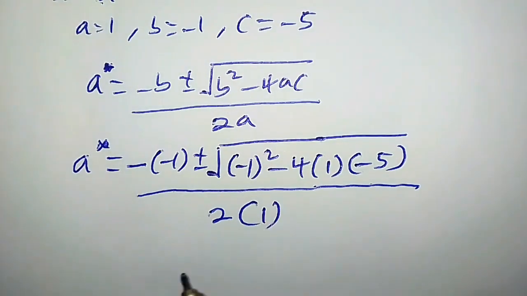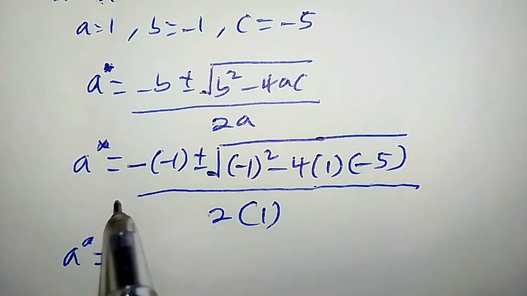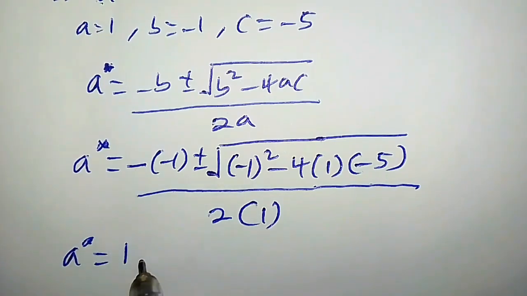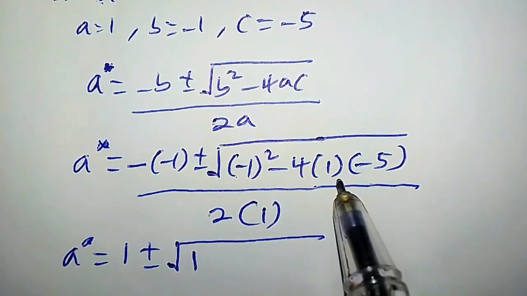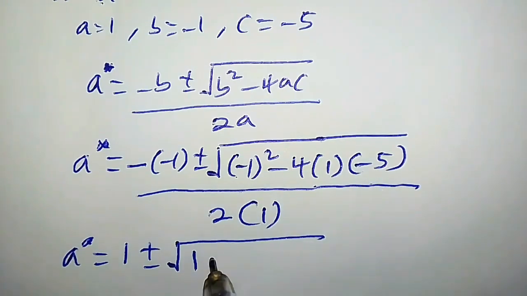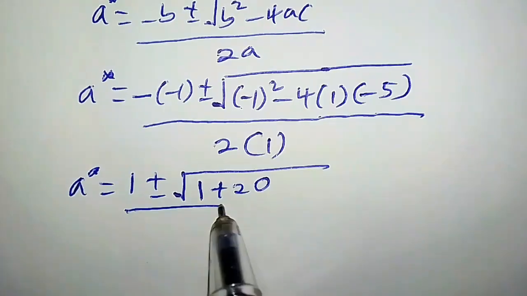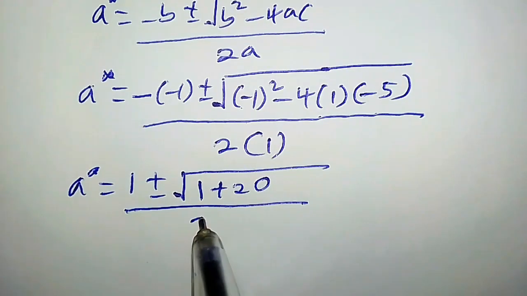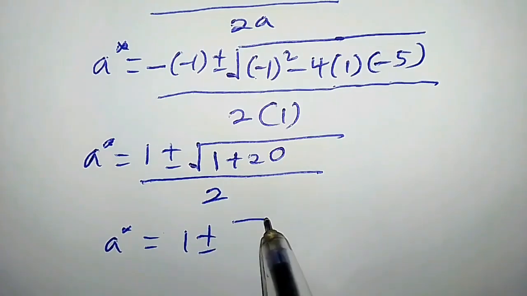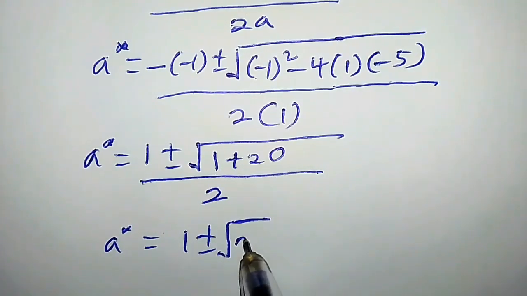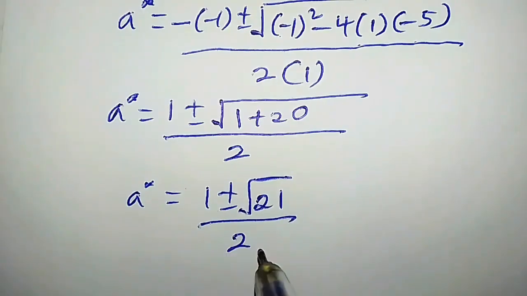A star is equal to minus times −1, that is 1, plus or minus the square root of (−1)², that is 1, minus 4 times 1 times −5, that is plus 20, all over 2 times 1, that is 2. A star is equal to 1 plus or minus the square root of 1 plus 20, that is 21, over 2.